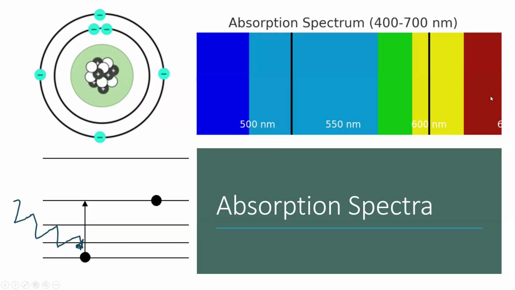This is an absorption spectrum. The black lines correspond to photons of a particular wavelength of light where the light has not been able to pass through the gas, because it corresponds to these particular changes in energy levels, and electrons will move from one energy level to another, meaning that the photon has not got through to your detector at the back.